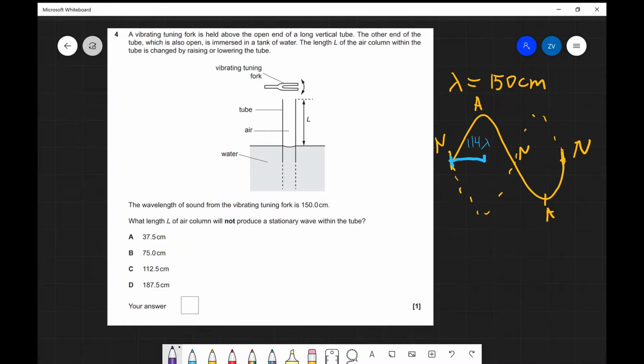Whenever we have a closed or an open pipe, what is known as our boundary conditions change. Over here we have a sort of fixed boundary, so this will always be a node.